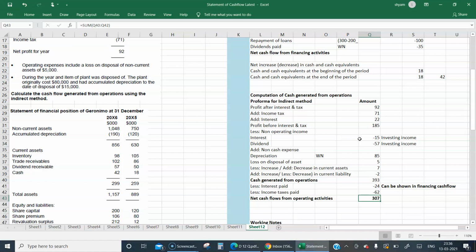Let's see the answer. I don't know what the answer is. Sorry, we should not be adding all, because we should have been adding up to here only. Up to here we have to add.